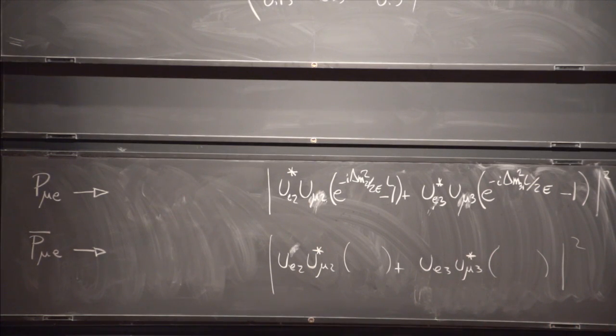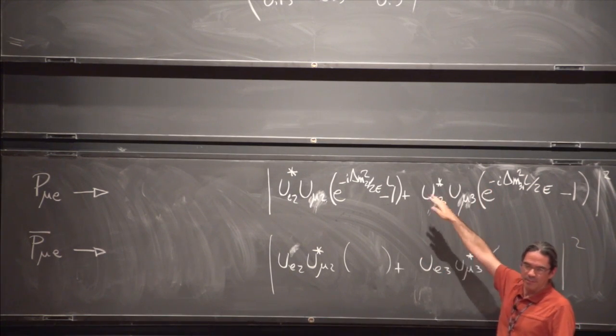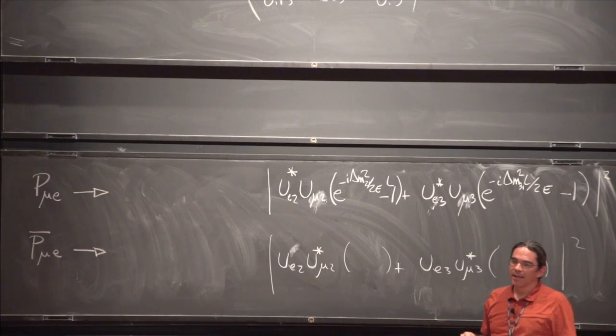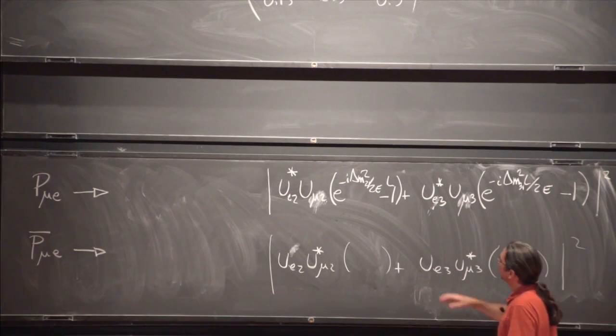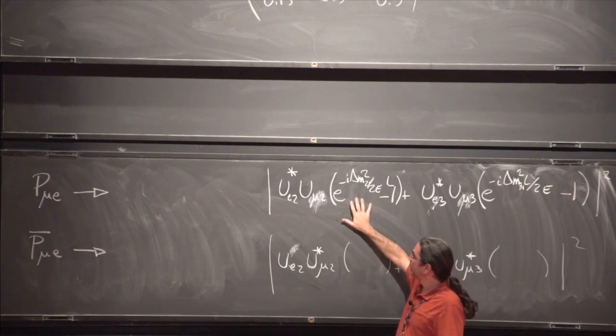This means lots of things. It means, for example, that we need all the u's to be non-zero. So if any of the elements of the matrix were 0, then you would not be able to see CP violation.